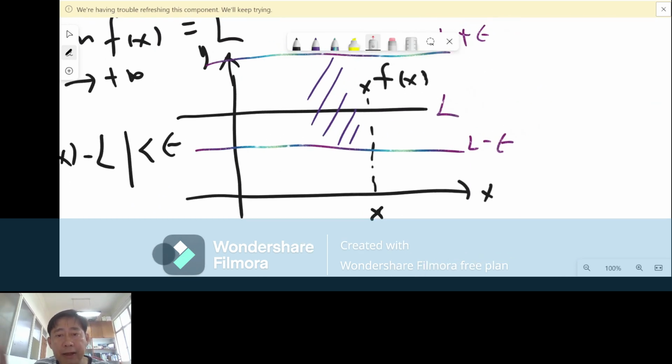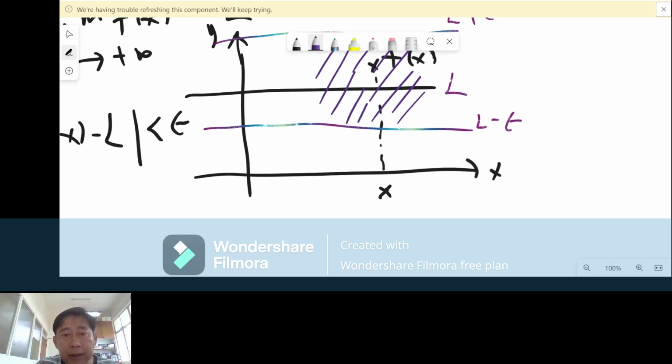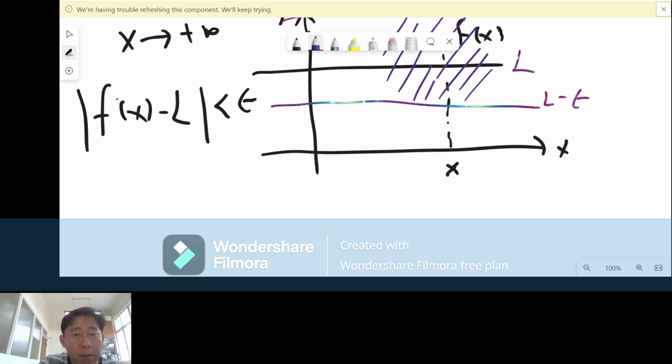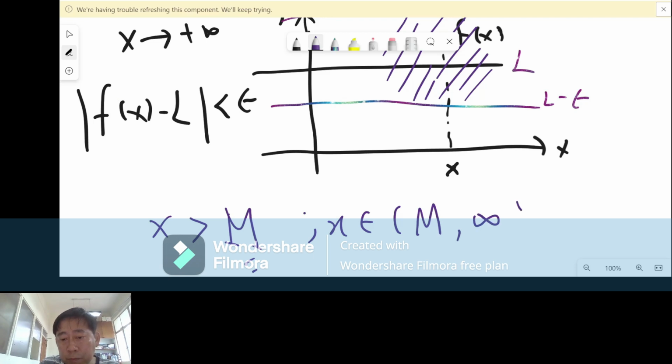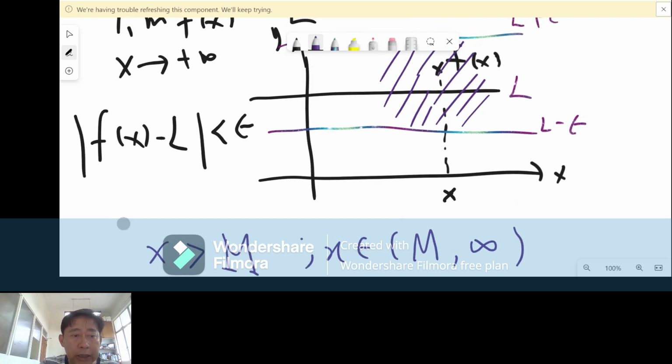Here, the corresponding interval for a function that has a limit when x tends towards infinity has to be such that the existence of the interval is specified in the form of x larger than some number M. So you have to prove that as long as there is a number M such that for x lying between M and positive infinity, the condition |f(x) minus L| less than epsilon is always guaranteed.